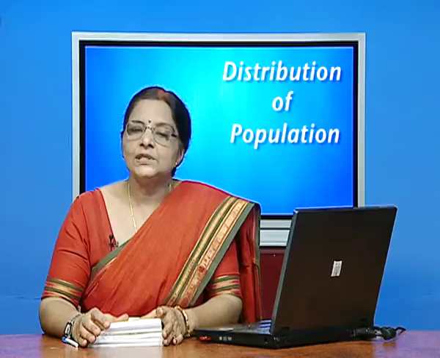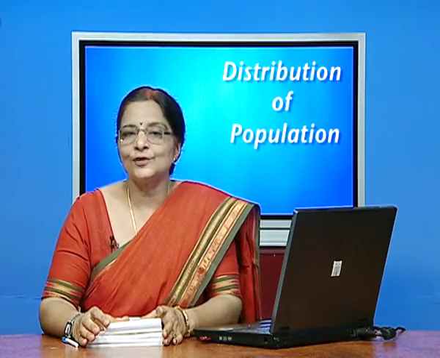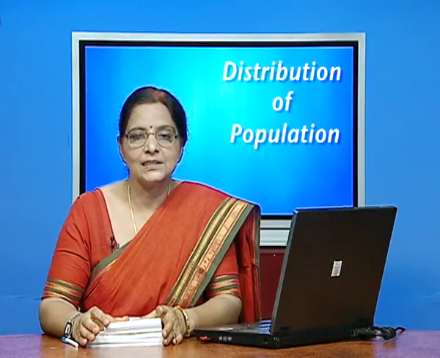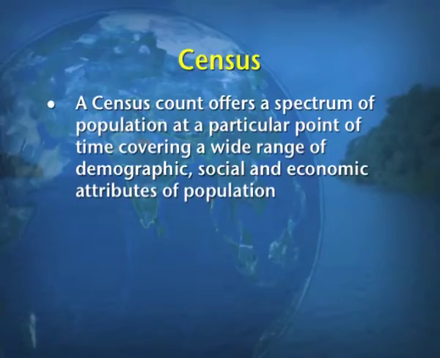Now, when we count the number of people, there is a terminology used for that, that is census. Now, what is census? How to define the word census? So, dear children, a census count offers a spectrum of population at a particular point of time, covering a wide range of demographic, social and economic attributes of population.